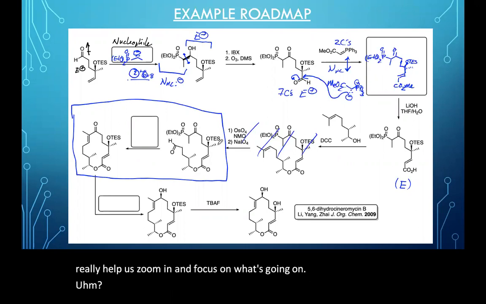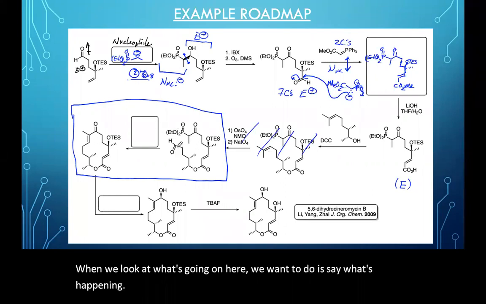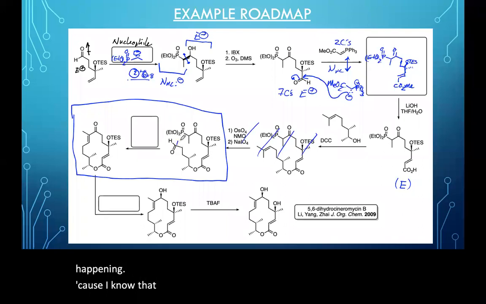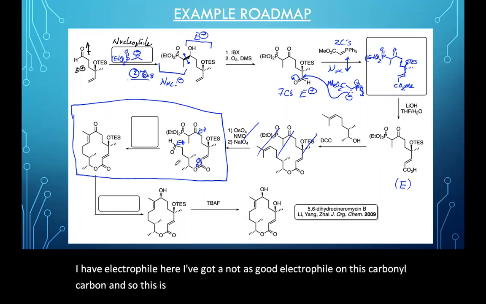Now, when we look at what's going on here, what we want to do is ask, what's happening? Because I know that I have an electrophile here, I have an electrophile here, and I've got a not as good electrophile on this carbonyl carbon. And this is where moving forward and backward, thinking about what's going on around it, can be useful.